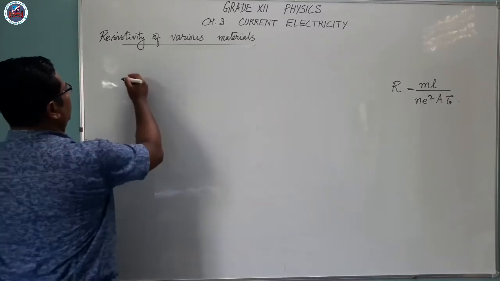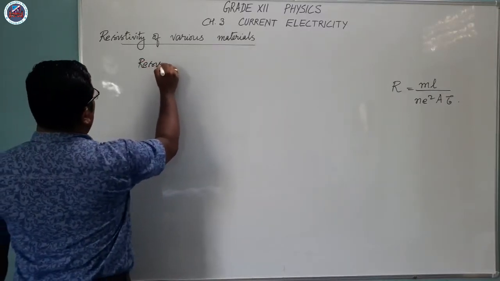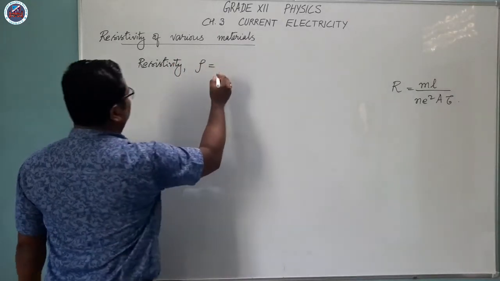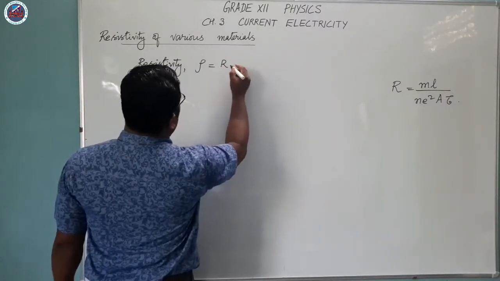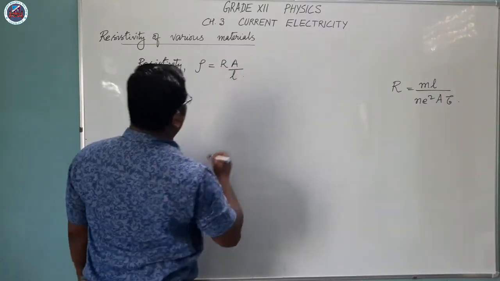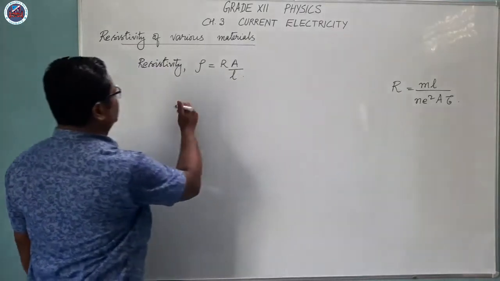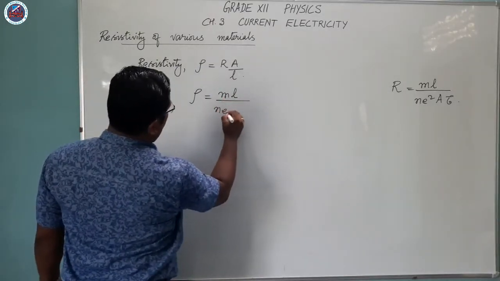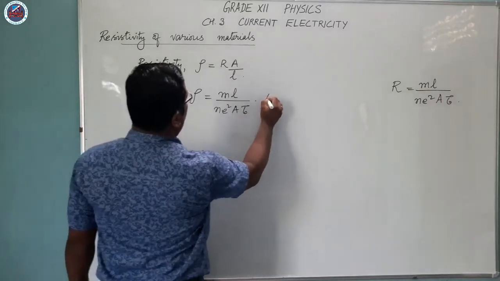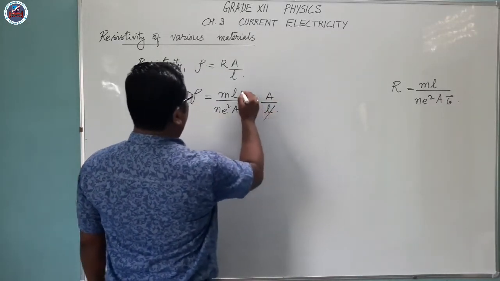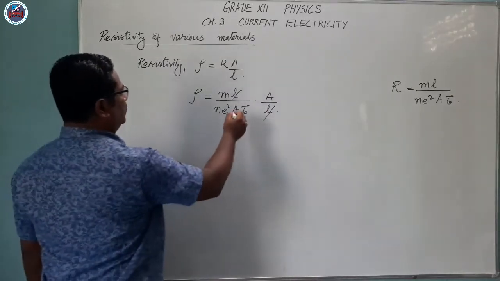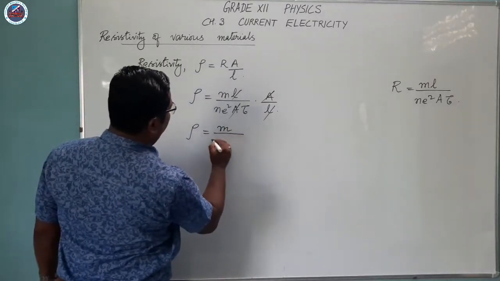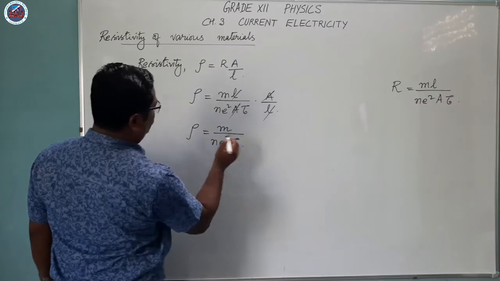Earlier we have seen that resistivity rho is equal to R times A by L. So if you put the value of resistance here, resistivity is equal to ml divided by n e square A tau into A by L. We find the expression for resistivity, that is m divided by n e square tau.